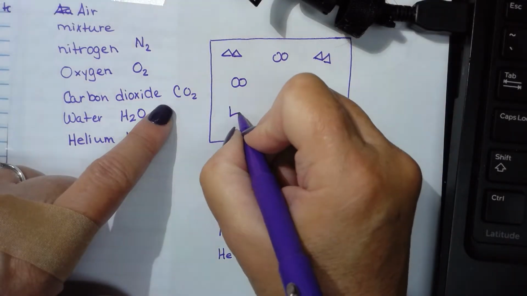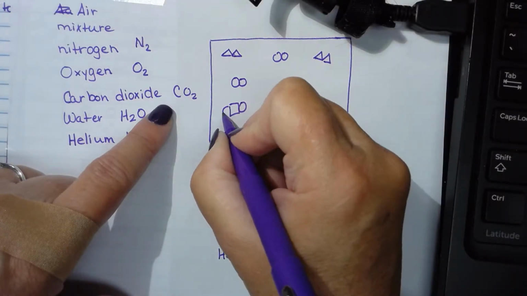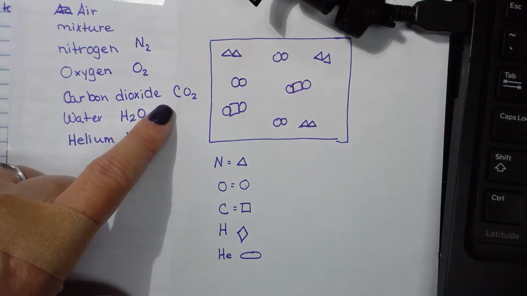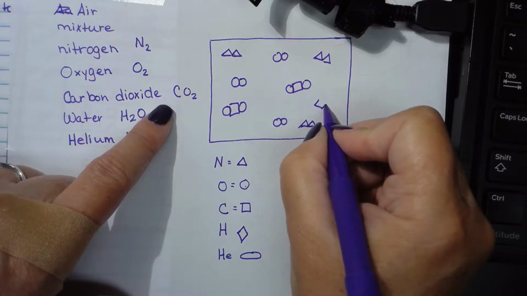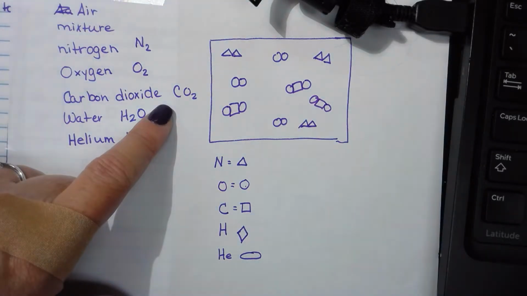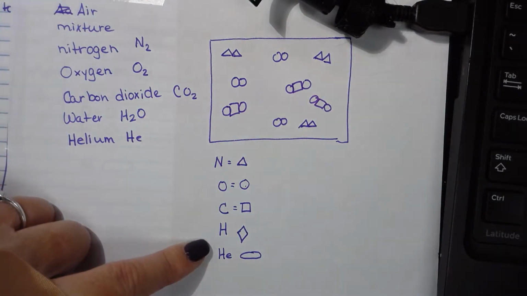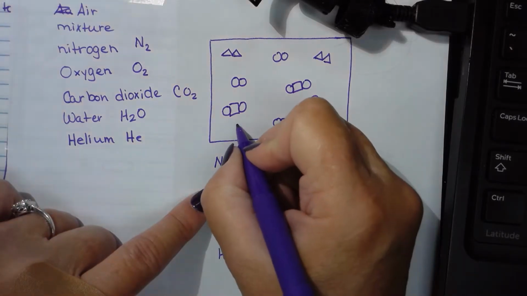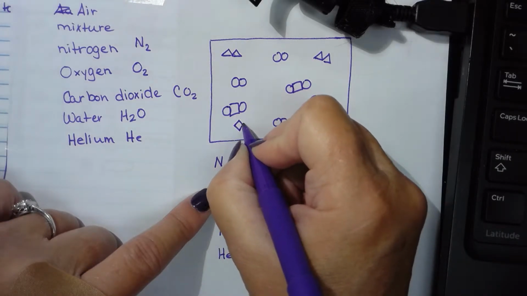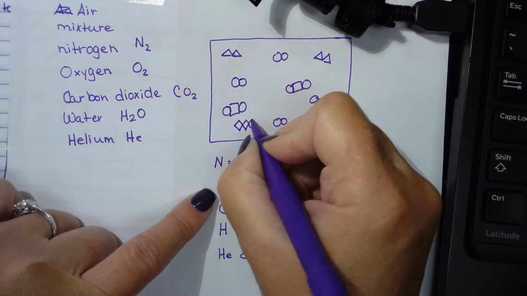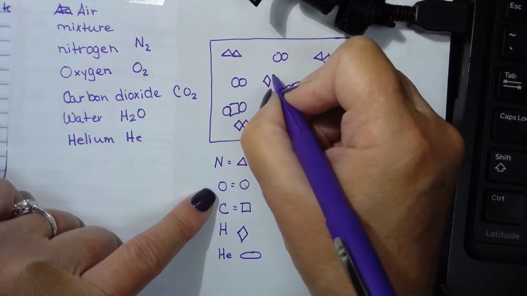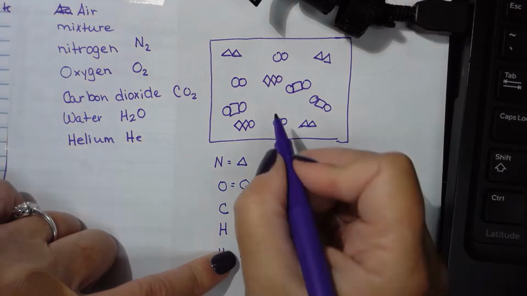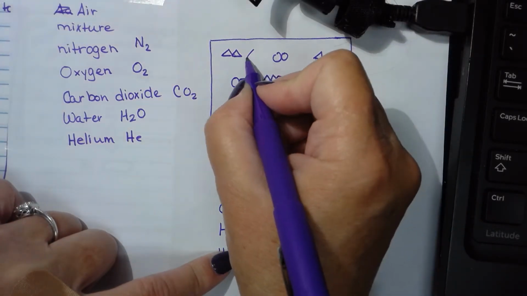So carbon is a square, and then I have two oxygen bonded to it. Water would be two diamonds and a circle, H2 and one circle. And finally, helium is an oval, so I'm going to stick some helium in here.